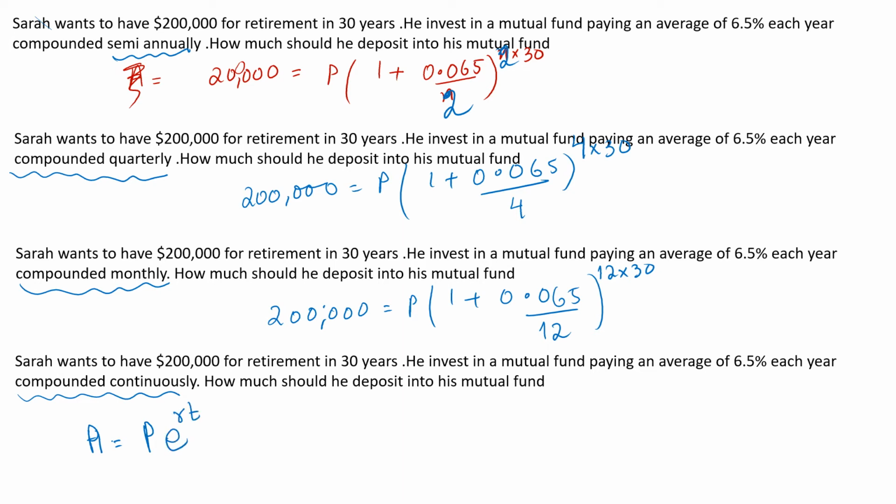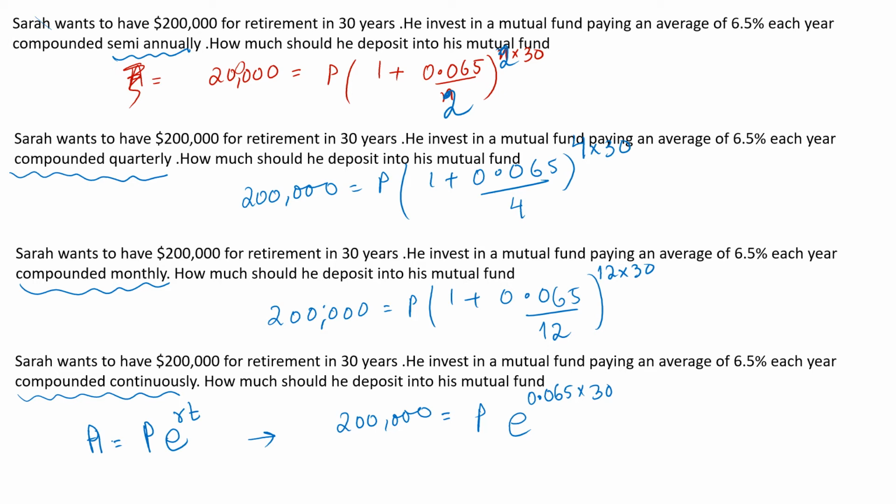right? Now here our A was 200,000. P we wanted to find out. E we will keep as it is. In place of R we will write 0.065, and in place of T we will write 30. That is all.